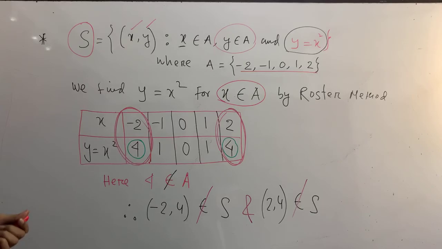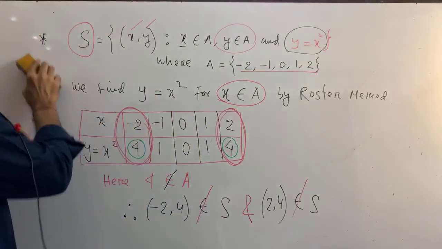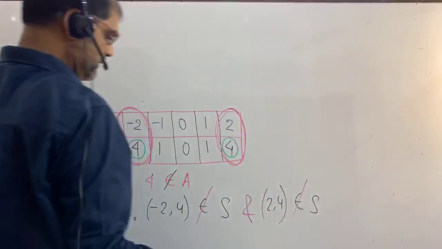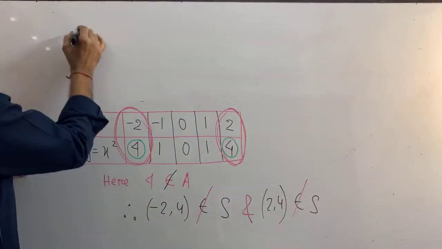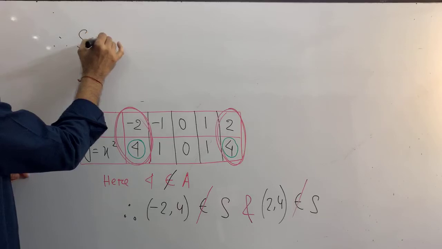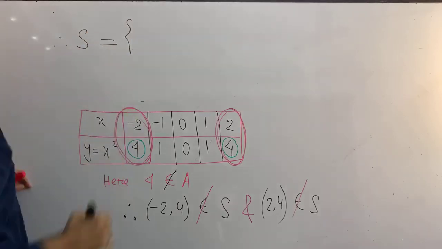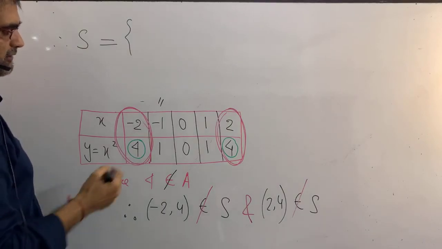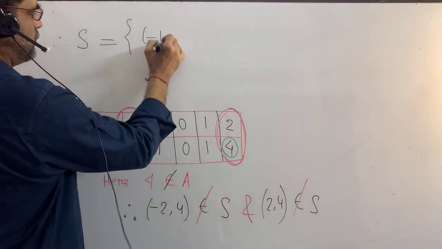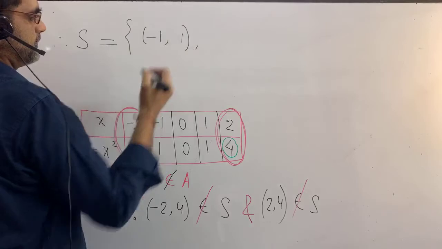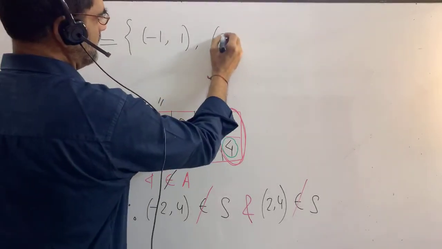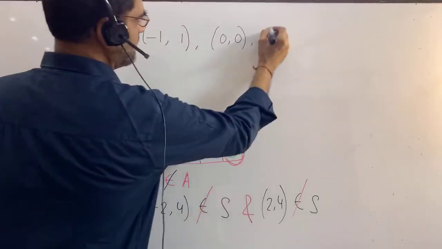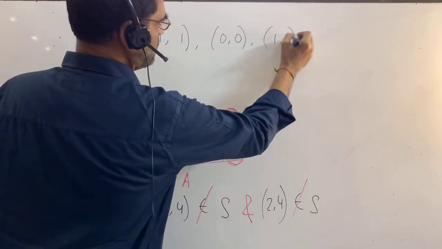Okay. Then we are left with what? Can you tell me please? We are left with, write down, therefore S is equal to, we are left with which part? This part. That is, we can write here minus 1 comma 1, here 0 comma 0, and here 1 comma 1.